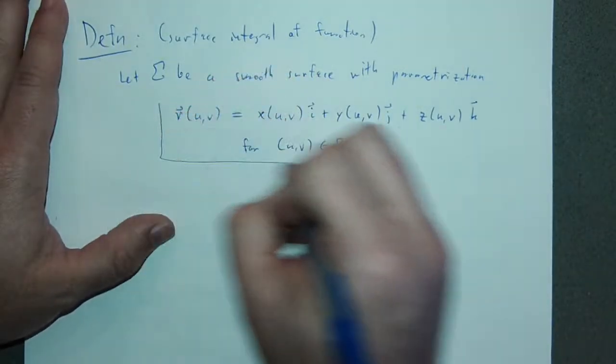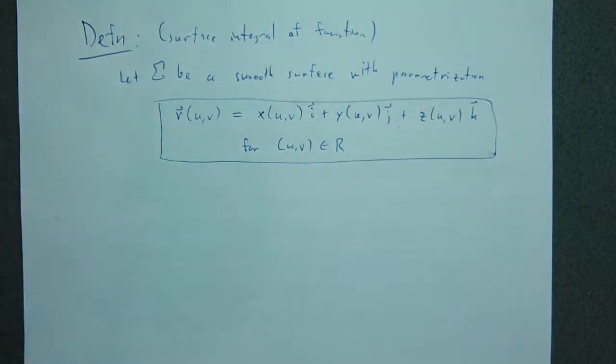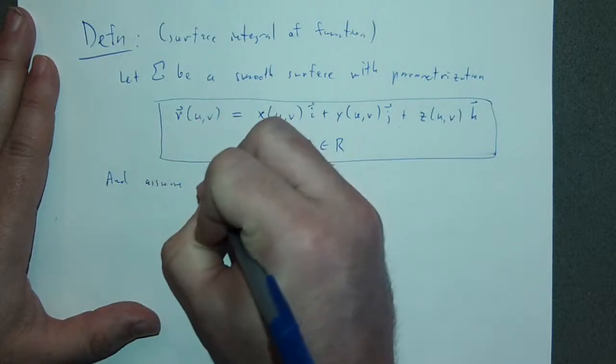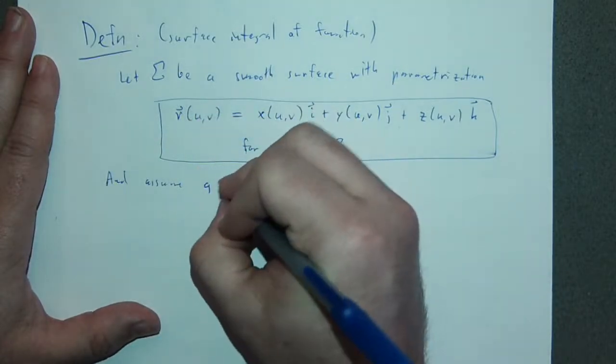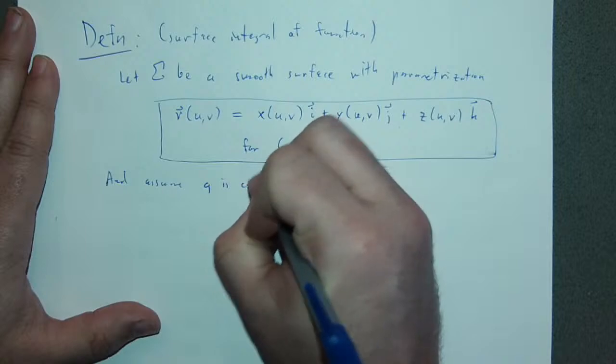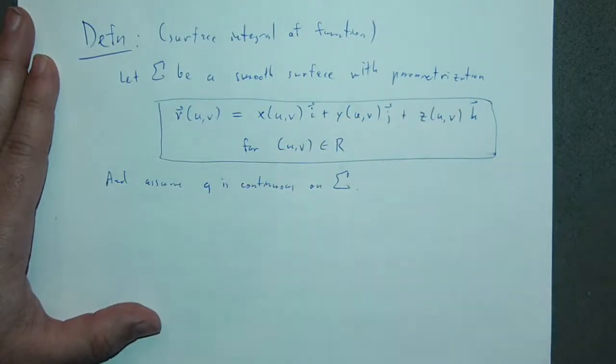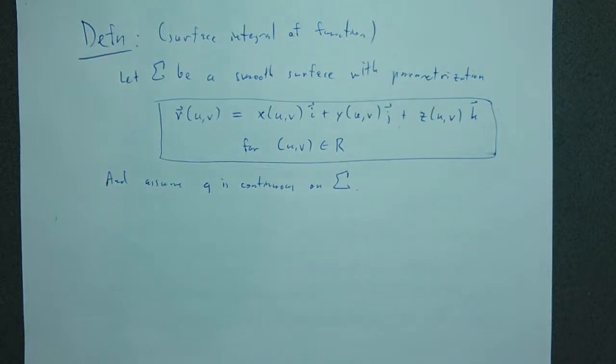I'm not going to rewrite this notation again this lecture, so whenever I refer to R of u, v or R of some parameters, this is what I'm talking about. And assume that G is continuous on the surface sigma. So G is a function whose domain includes sigma, and G is continuous on sigma.